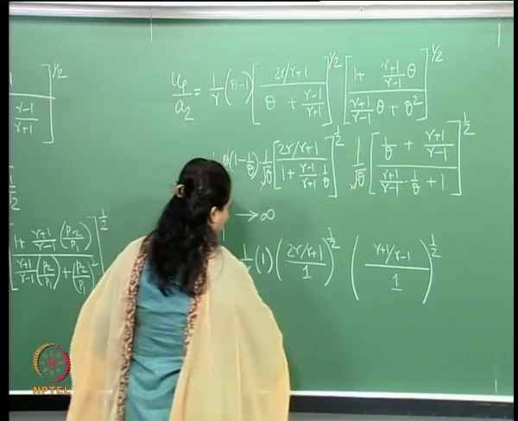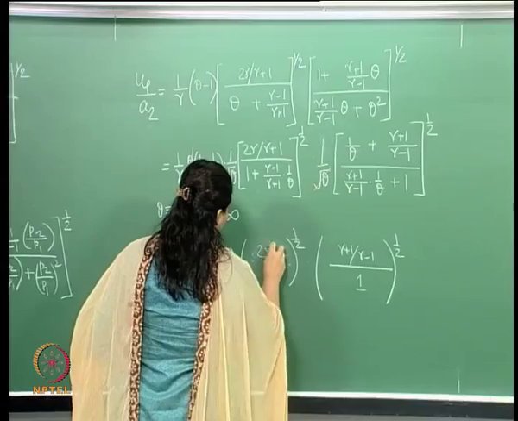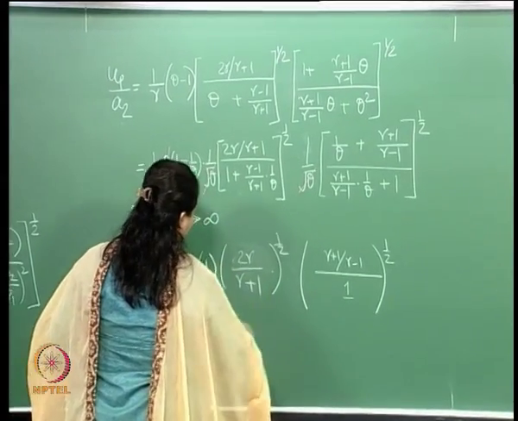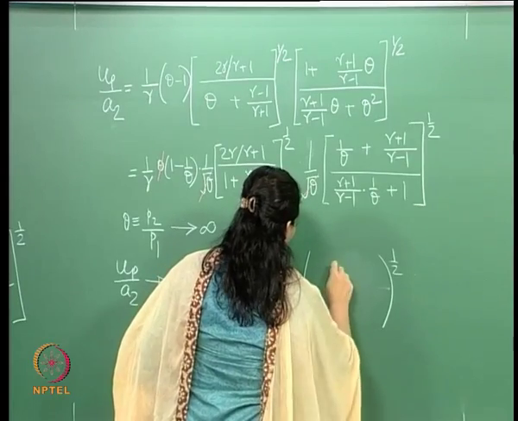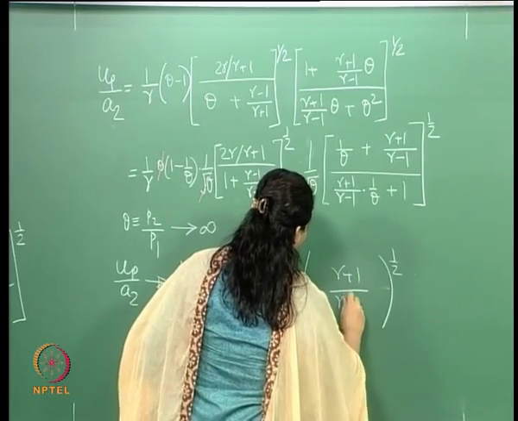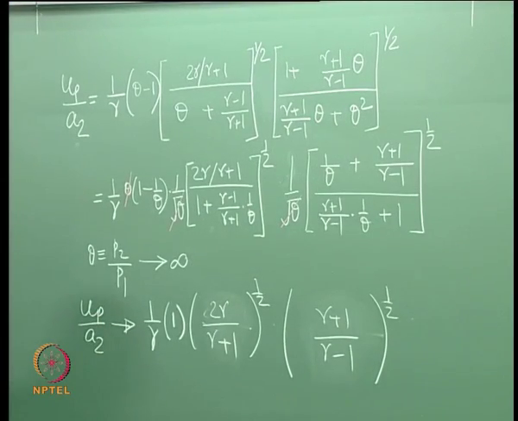Let's write it a little better here. So what we get, 2 gamma by gamma plus 1 and gamma plus 1 by gamma minus 1. So what we get over here is essentially this.